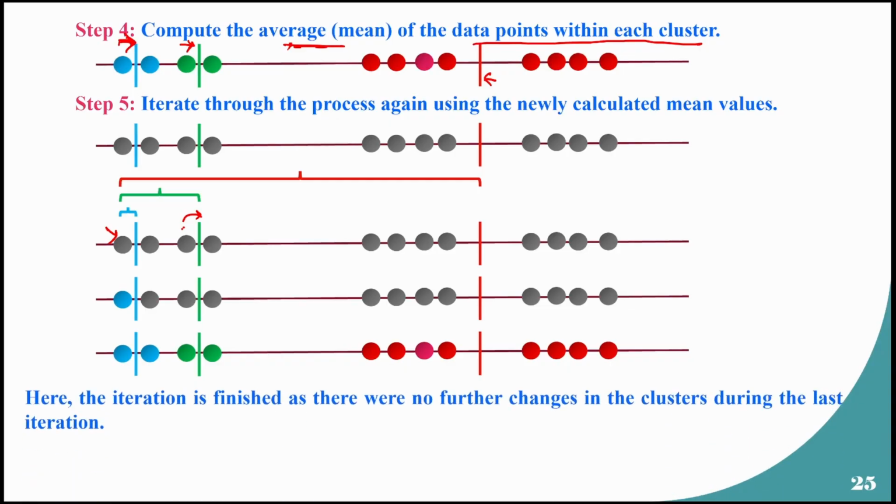Okay, so now here you see that a new iteration of the calculation was finished. However, you see that there was no change in how the data points were allocated in the different clusters if you compare it with the previous calculation's outcome, right?